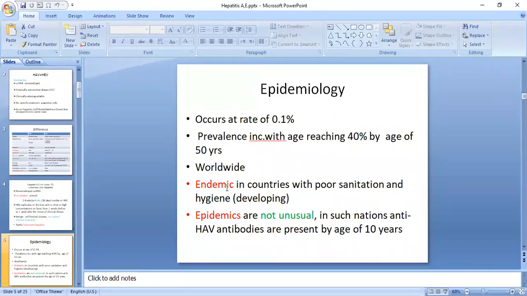Endemic countries with poor sanitation and hygiene, hepatitis A is endemic in these countries. Epidemics also occur and are not infrequent in such nations, and in such nations, anti-HAV antibodies are present by the age of 10 years. So in a nutshell, hepatitis A is endemic, as well as epidemics may occur.